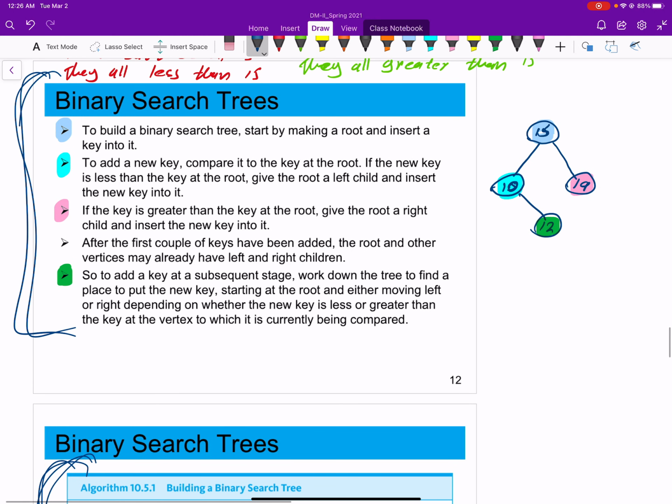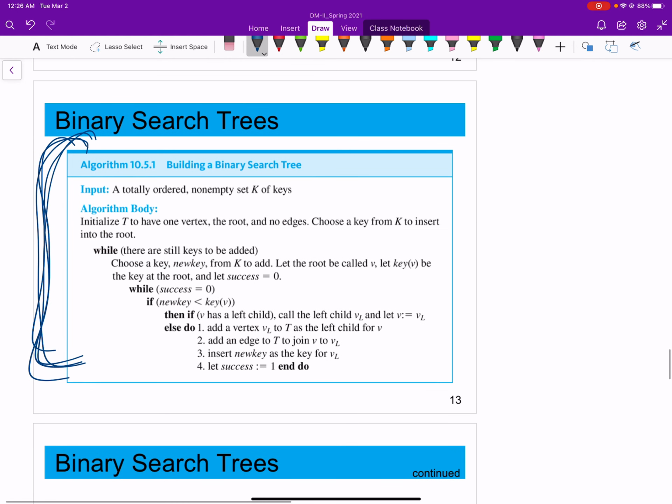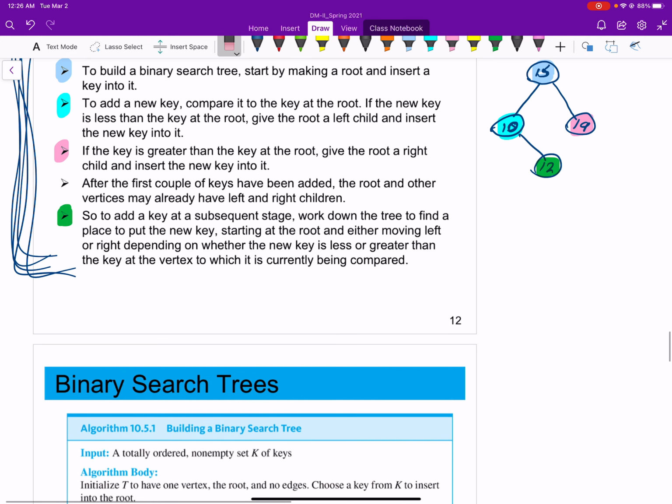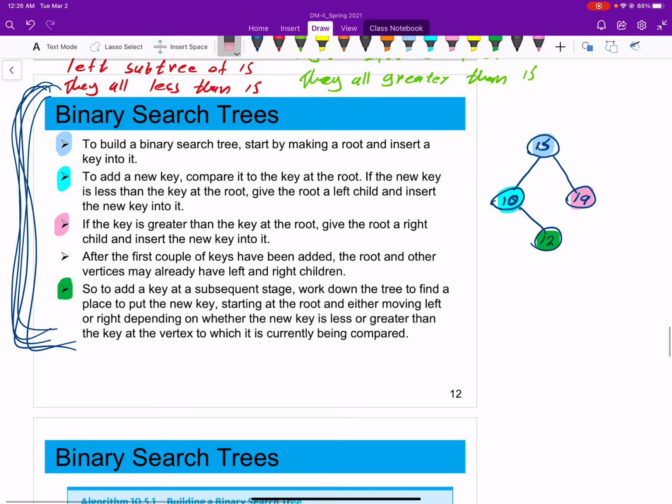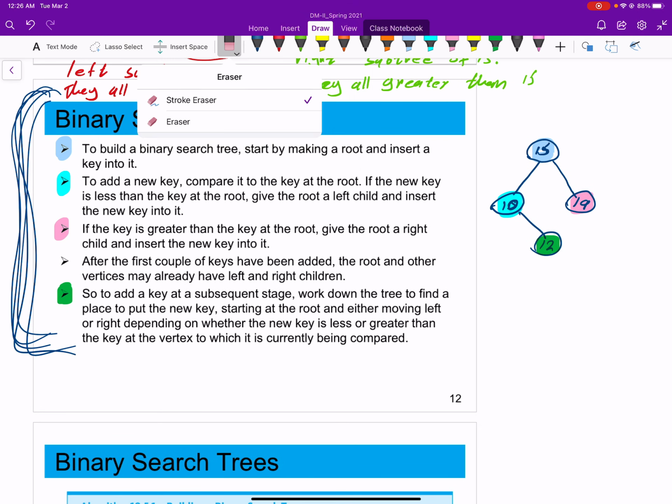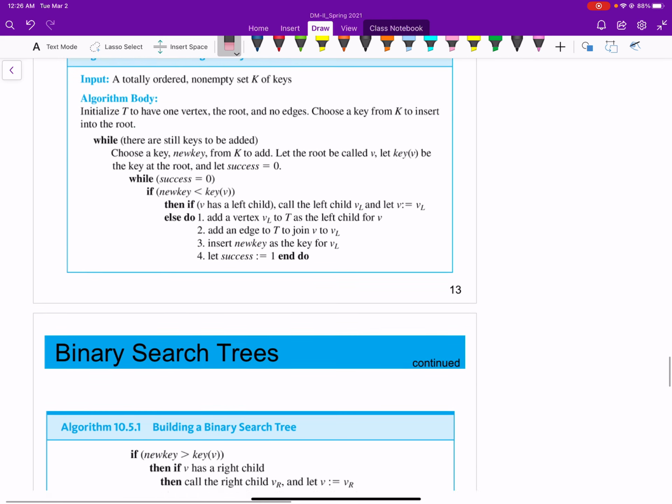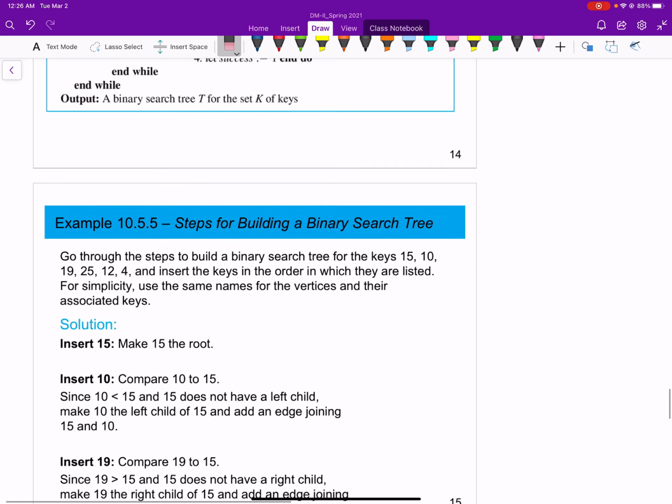So this is actually the algorithm with words, and this is the syntax, the way you code that on software. All right, so you can read this algorithm.